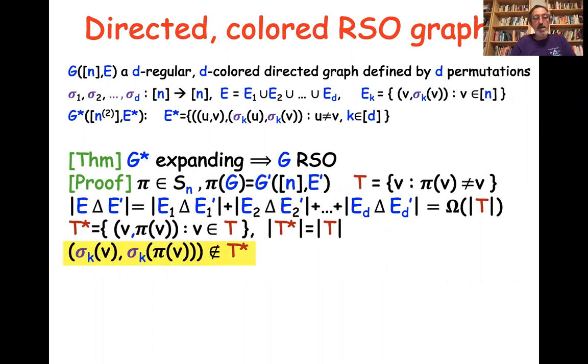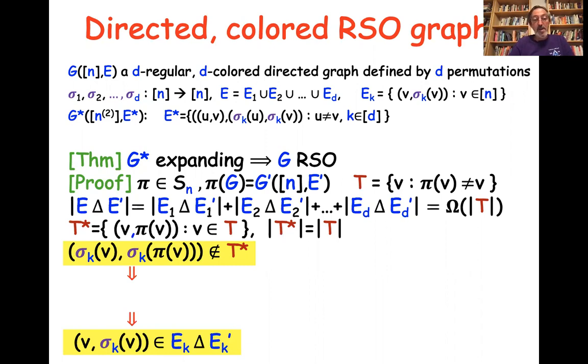If we move it by sigma k, let's assume for a second that we get something out of T star. Then I claim that we get an error, we get something in the symmetric difference of the k-th color.